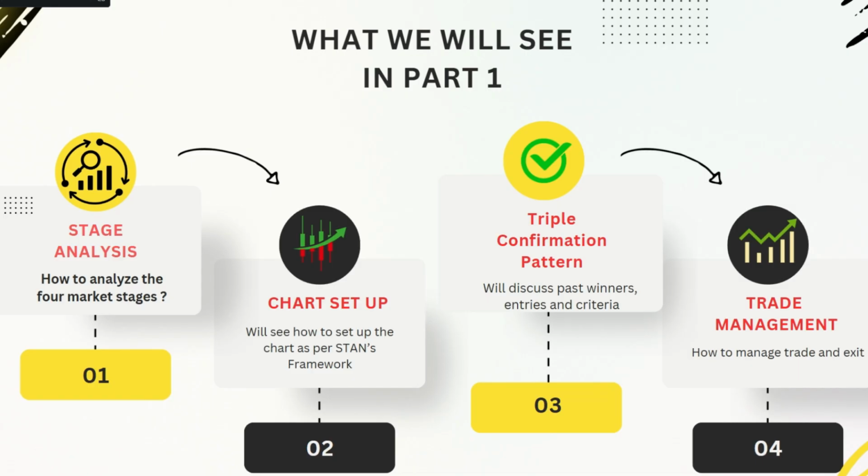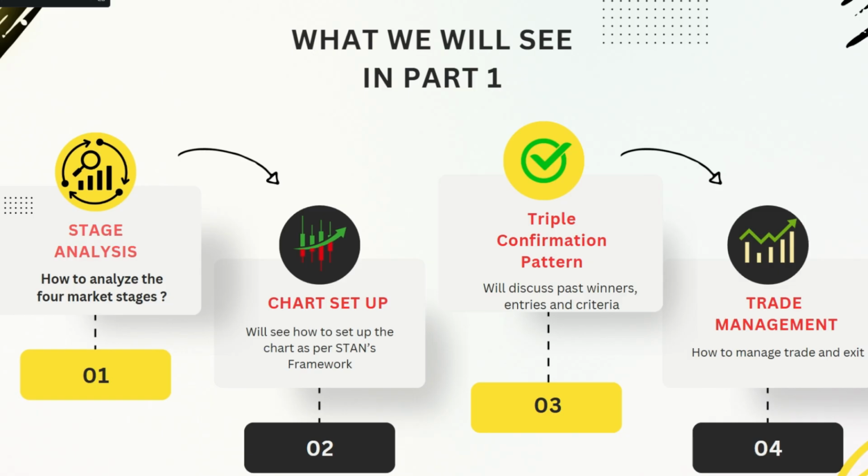So I am planning to release Stan Weinstein's entire trading strategy in 3 parts. This is part 1. I will see how it goes and I will make it into either 2 parts or 3 parts. In part 1, we are going to see the famous stage analysis by Stan Weinstein, how to analyze the 4 market stages, and we will also be seeing how to set up a chart according to Stan's framework.